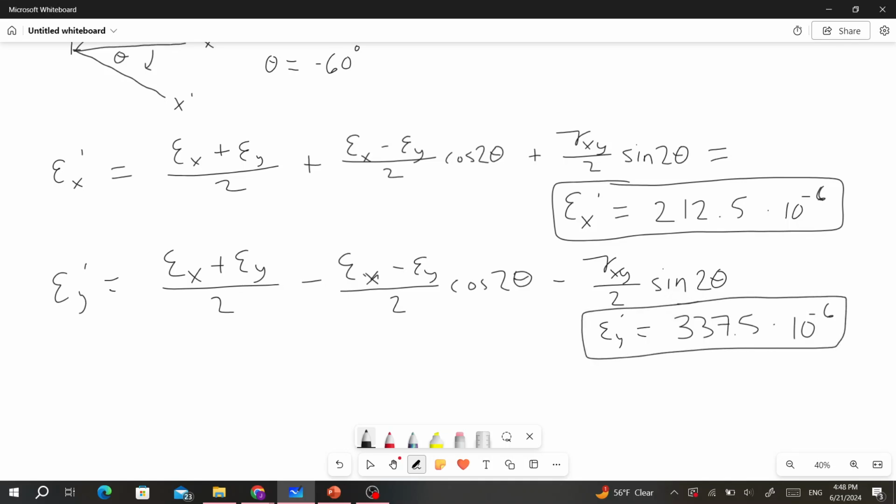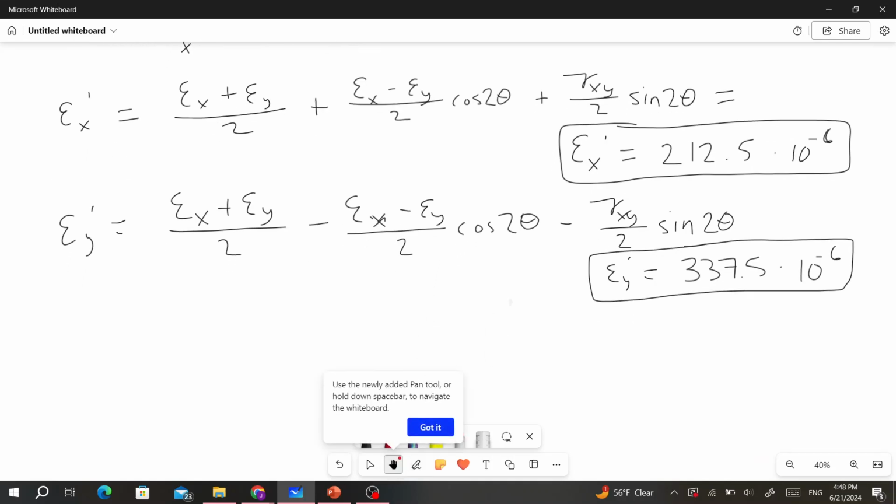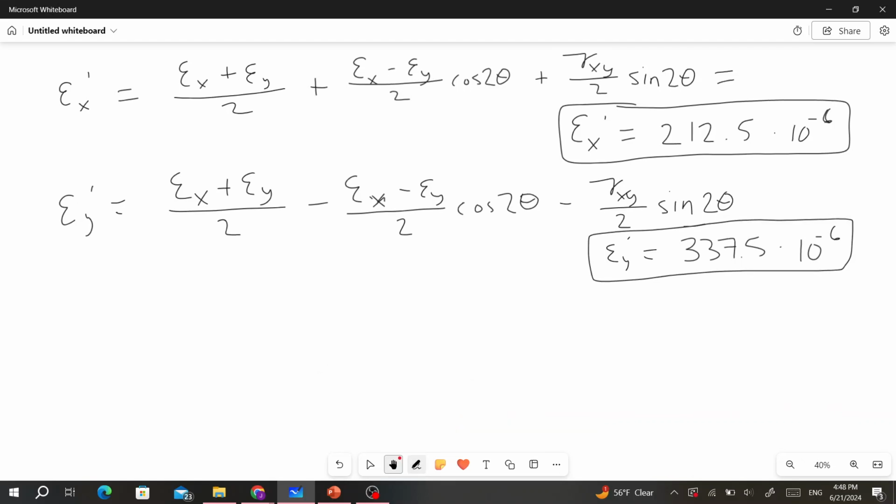And then finally, we're going to get gamma x prime y prime. We said that gamma xy was equal to 0, but when we rotate into a different coordinate system, now we're expressing strains about a rotated coordinate system, and there actually could be a shear strain in that direction.